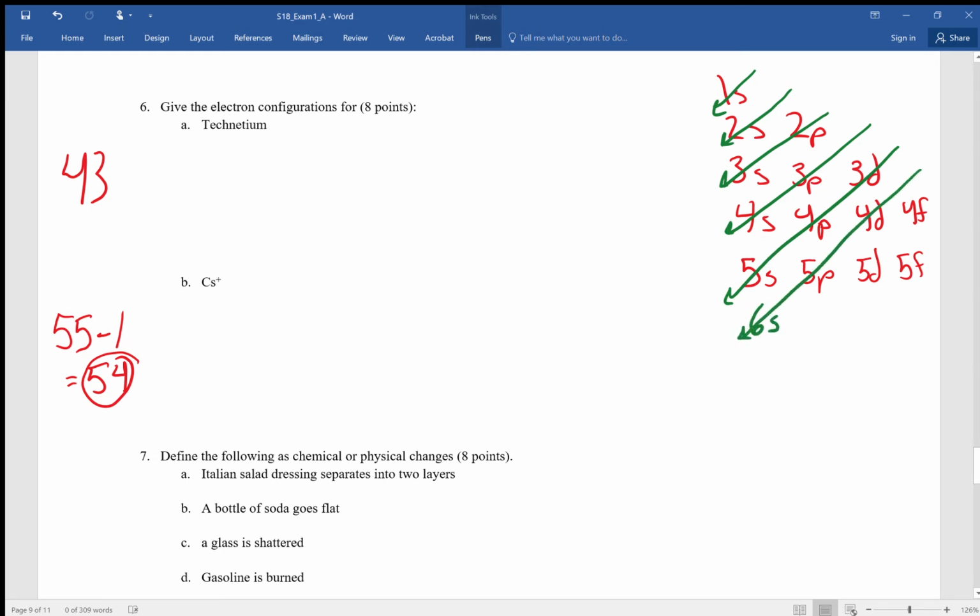And I'll stop at this point because that's as far as we need to go for this problem.